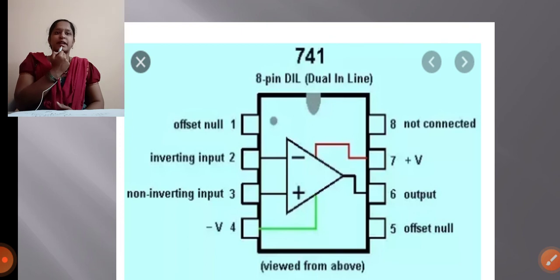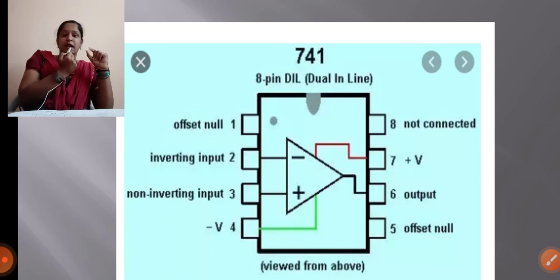It was generally designed for performing mathematical operations like addition, subtraction, division, multiplication, integration and differentiation.